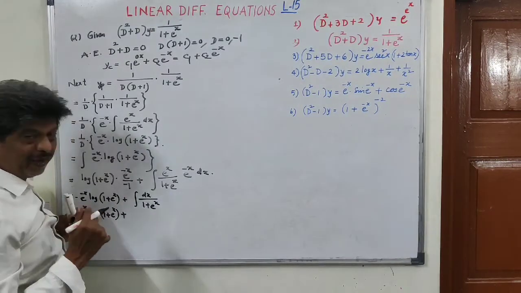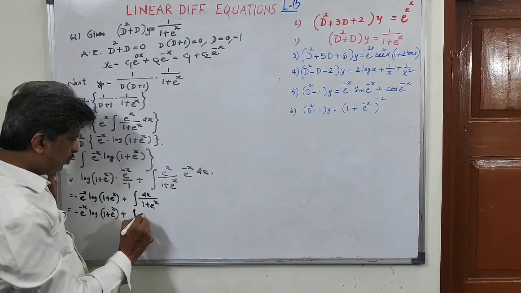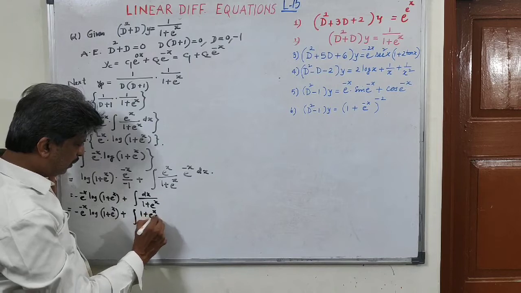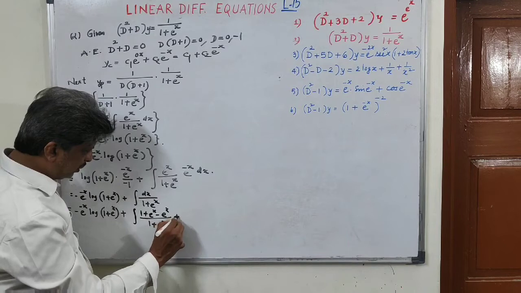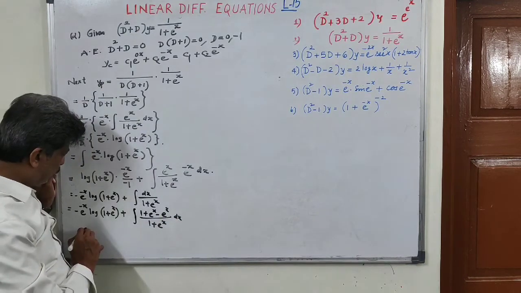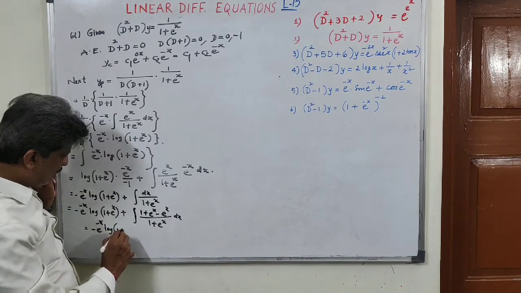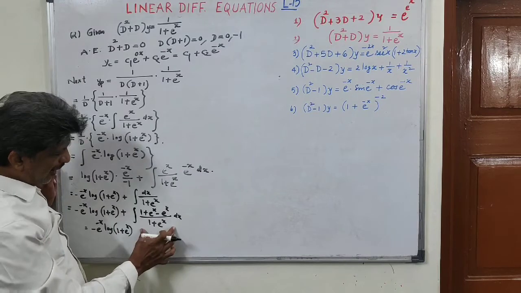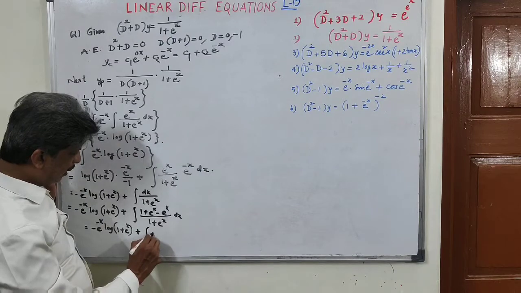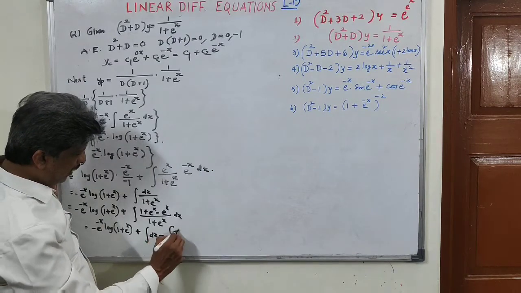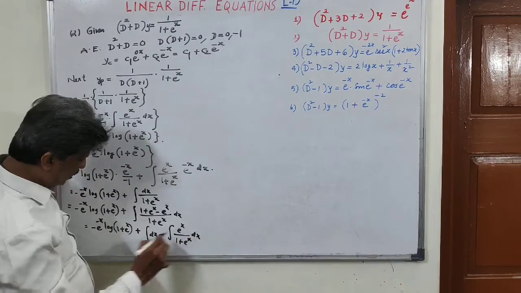So this is equal to, I am expressing numerator in terms of denominator. So it is 1 plus e power x minus e power x upon 1 plus e power x into dx. So that splits into minus e raised to power minus x log of 1 plus e power x, and this splits into two different integrals, plus integral dx minus integral e raised to power x upon 1 plus e raised to power x dx.